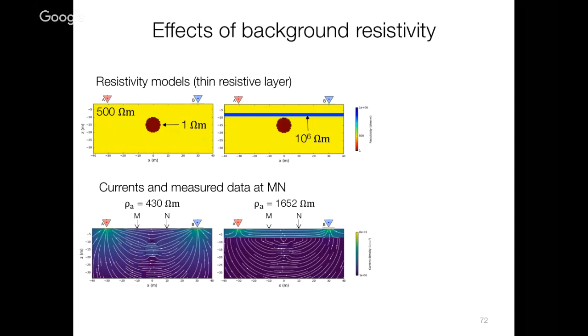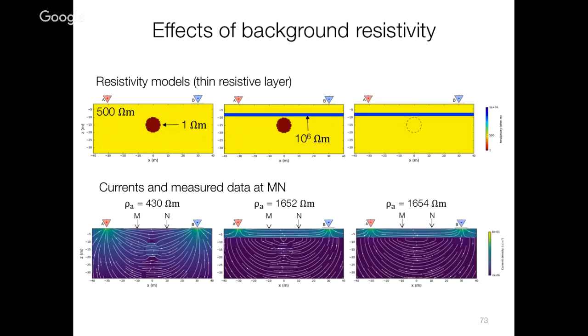Resistivity across here, I'd end up with 1600 and 430, but with the resistive layer. And this number is coming purely from the layer, because if I do the same experiment, if I just model this, so this is important, right?